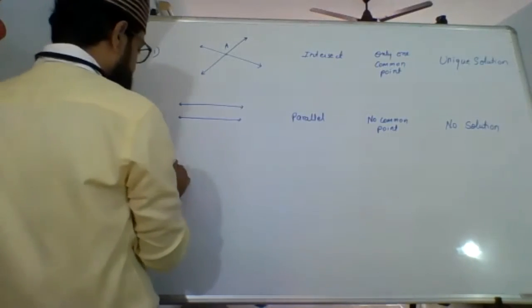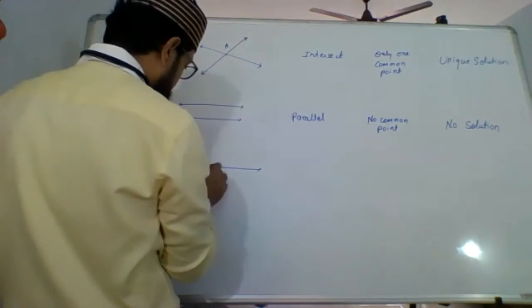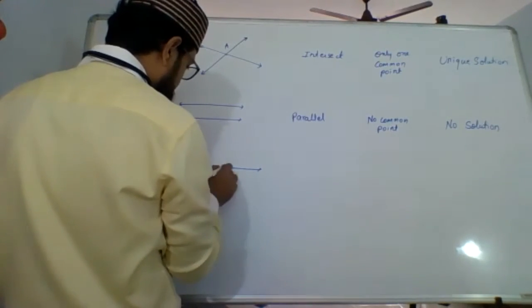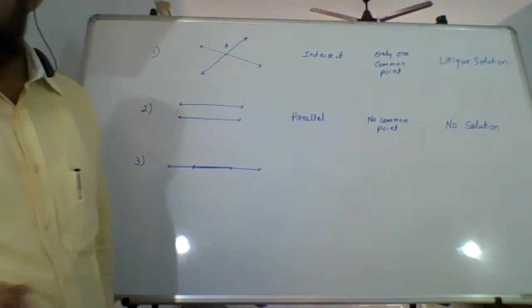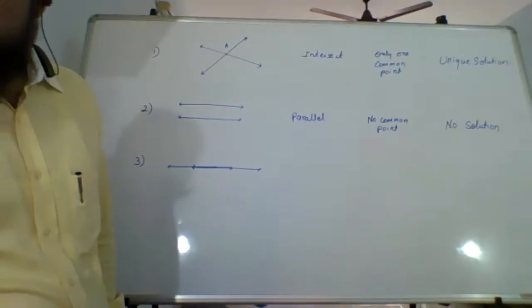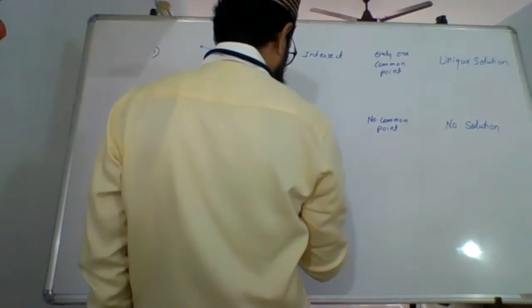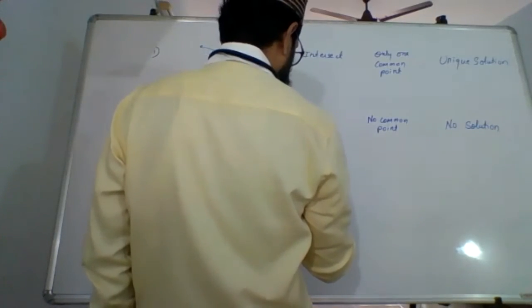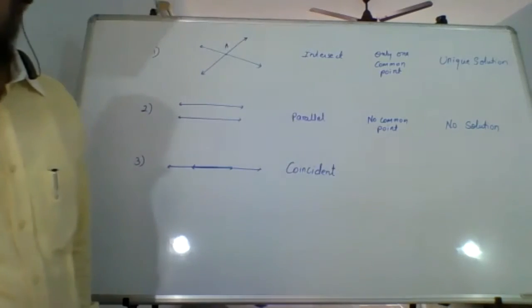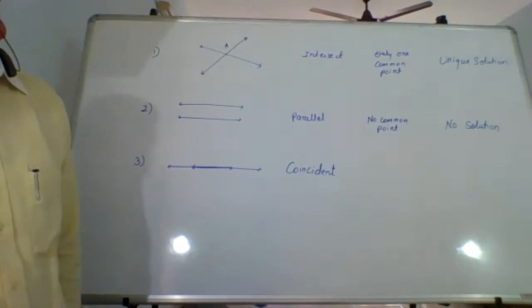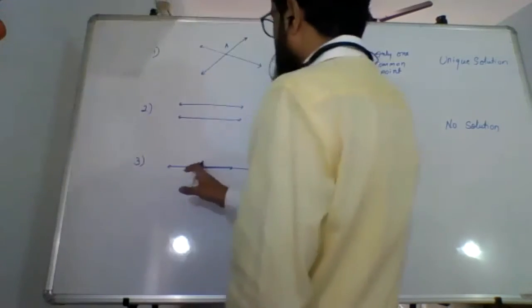And the third possibility is you have line 1 and you have line 2, which is just lying on it. That means it is coincident. Okay, that means it is overlapping. So how many common points?